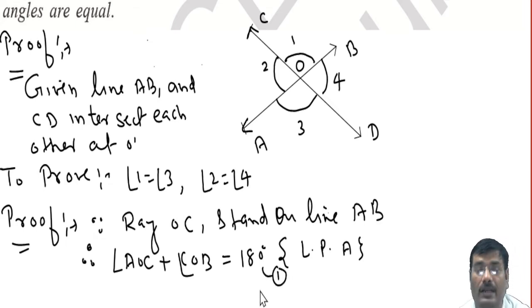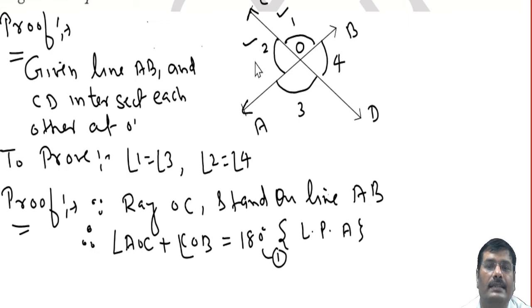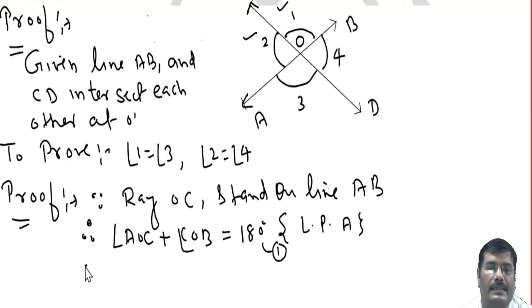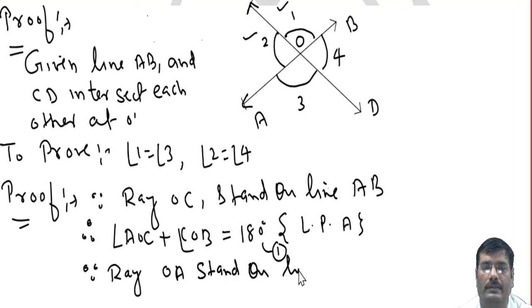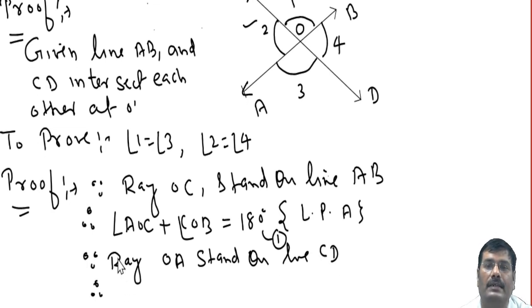Now again, since ray OA stands on line CD, therefore, again we have to give the reason, angle AOC plus angle AOD is equal to 180 degrees.